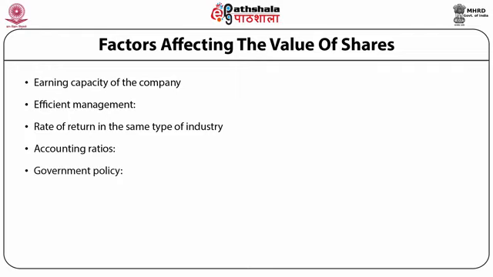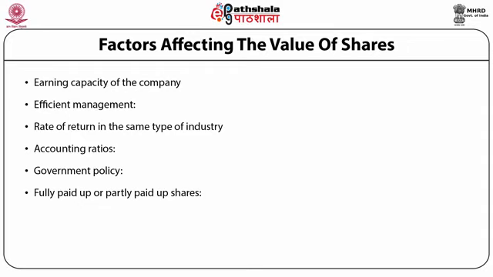Fifth, government policy. The government offers special incentives for particular types of business. For example, tax concessions for companies in backward areas, and if a company enjoys such concessions, the value of such shares will increase.